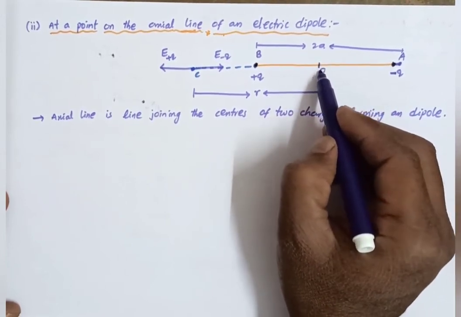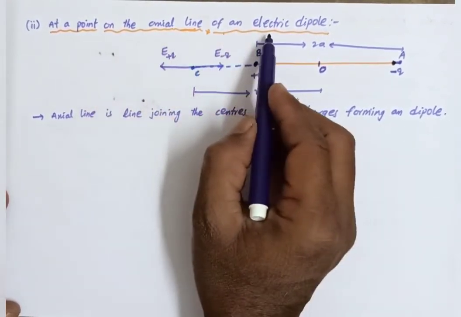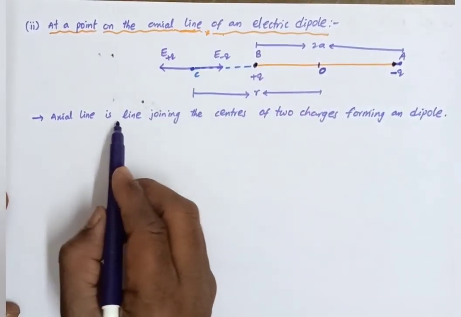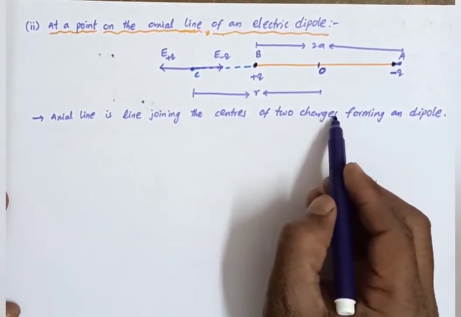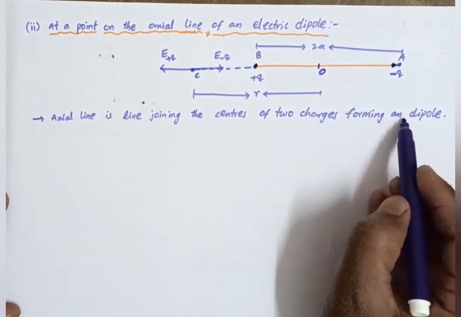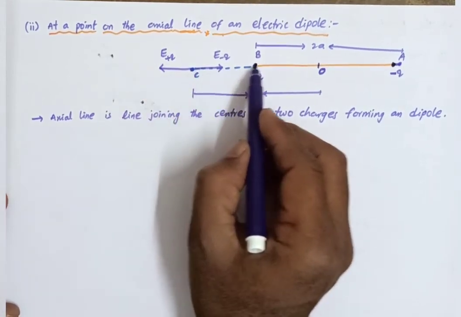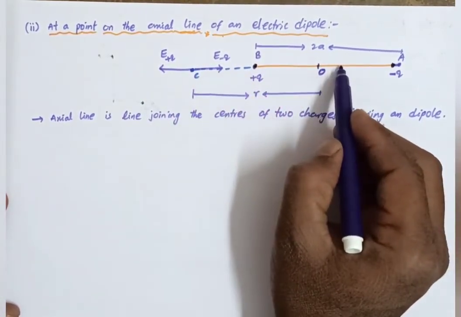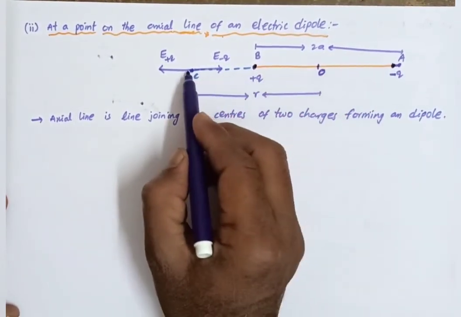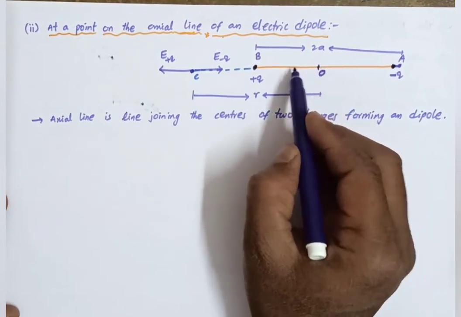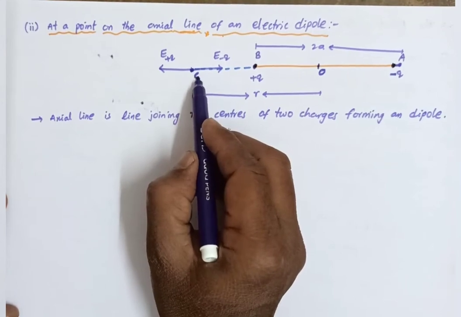O is the center point. The axial line is a line joining the centers of the two charges forming an electric dipole, passing through the center of the dipole.